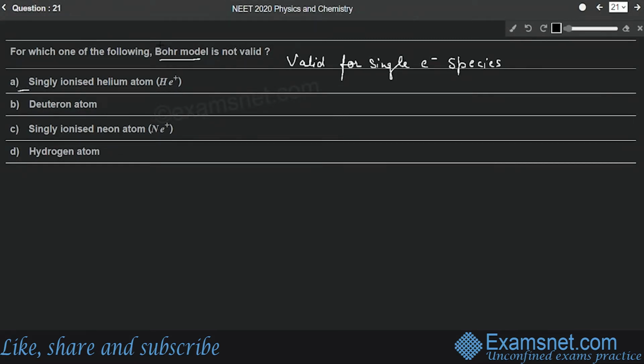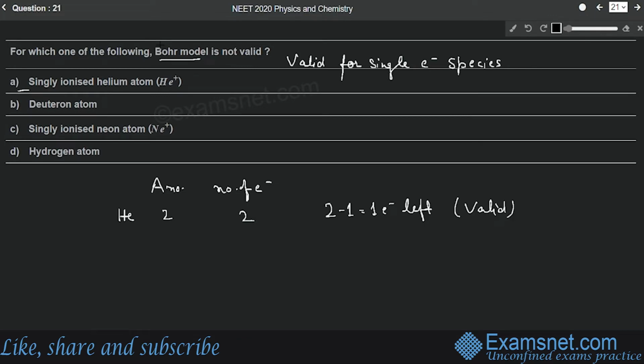The atomic number of helium is 2, that means the number of electrons will be 2, right? Now after one ionization, one electron will be removed, so only one electron will be left. That means the Bohr model will be valid for this species.